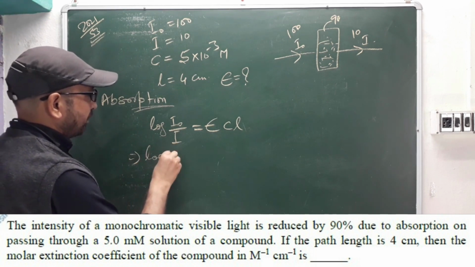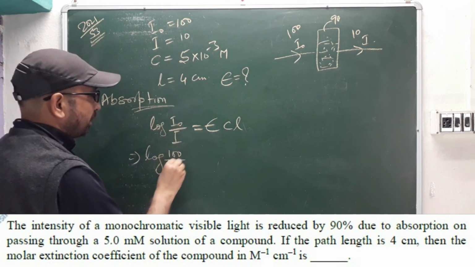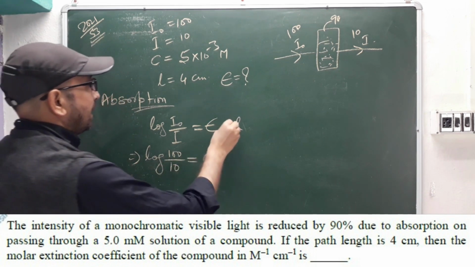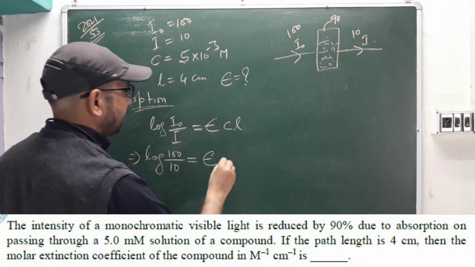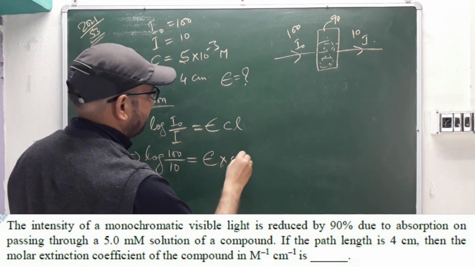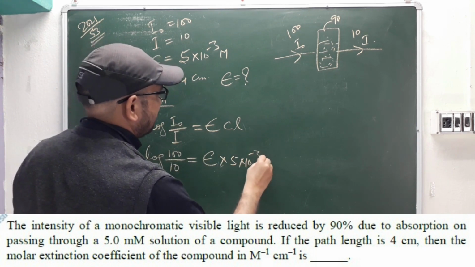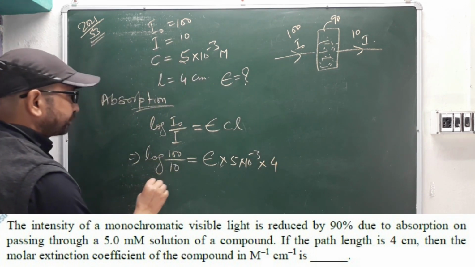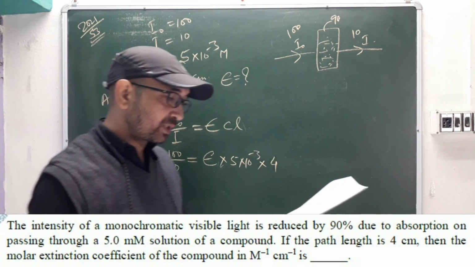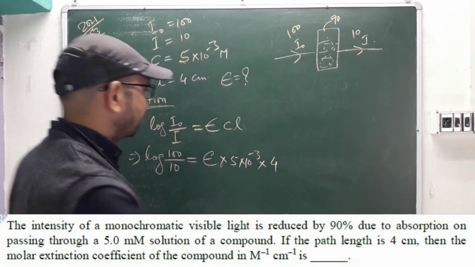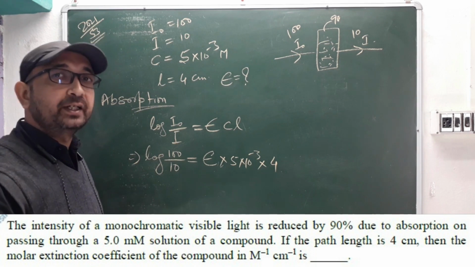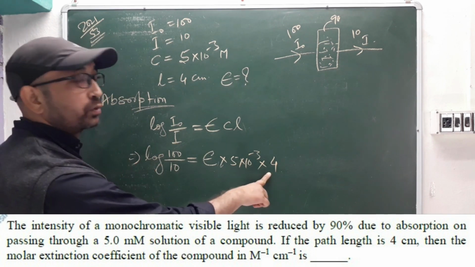Log, it will be 100 divided by 10, equal to epsilon, which we have to find, and here it will be 5 into 10 to the power minus 3 into L, path length is 4 cm. And your answer will be in per molar per centimeter. So we are not going to change this centimeter to meter. Just see the unit. If they are asking in meter, you have to convert it to meter, right?